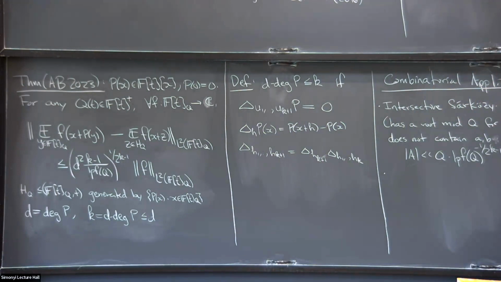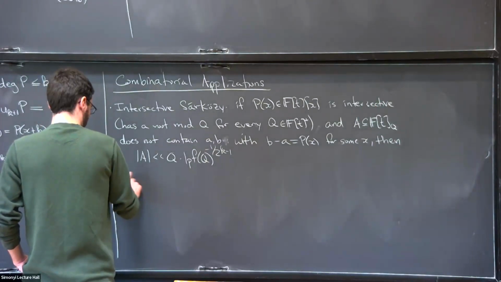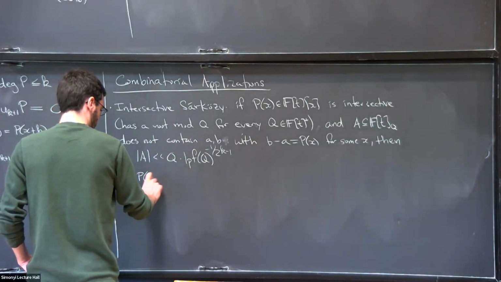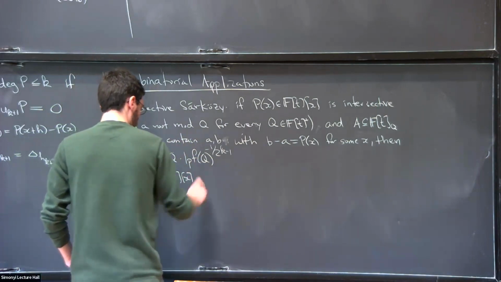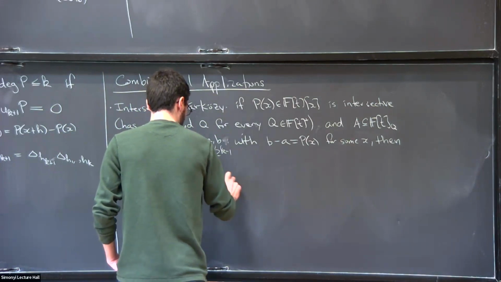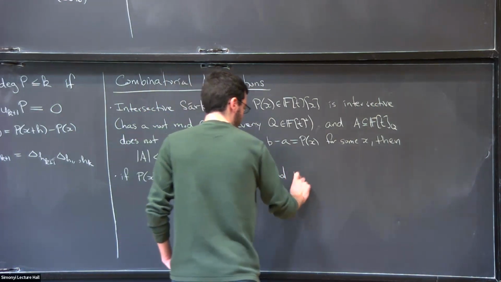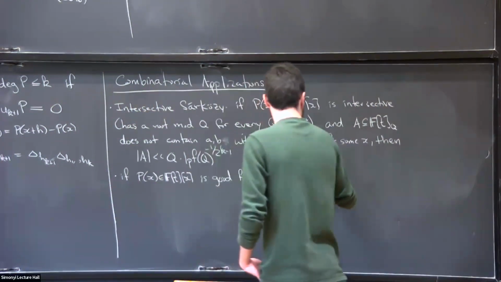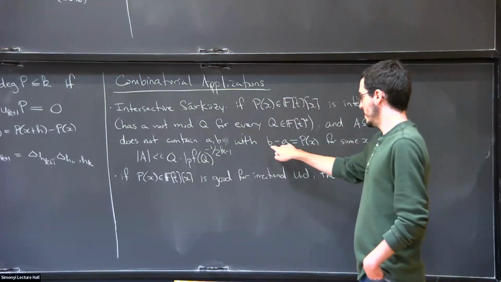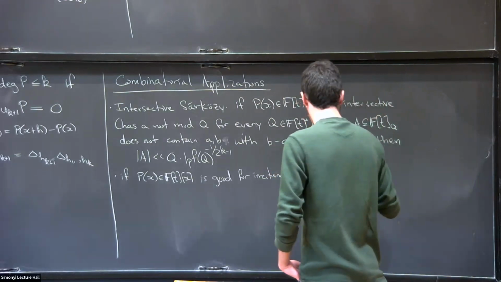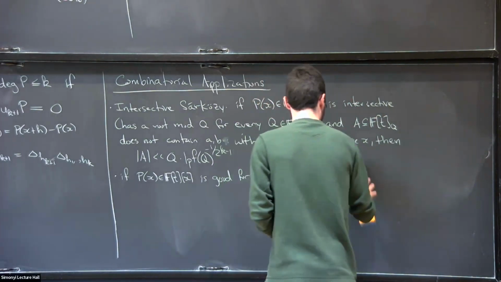Okay, but maybe a more interesting statement is the following. So now with some equidistribution assumption, then we can prove a result like this where A and B are coming from different sets. I'll illustrate it this way.